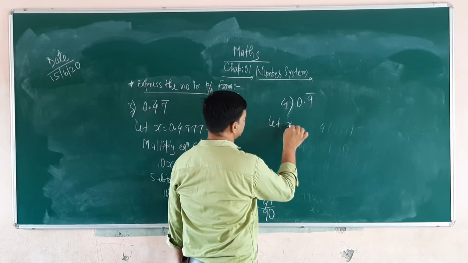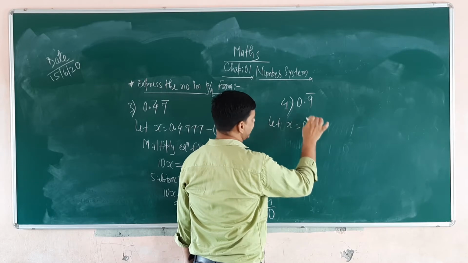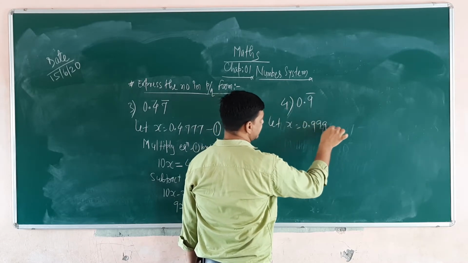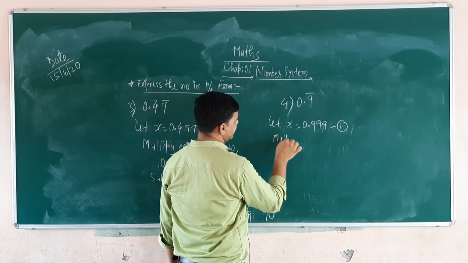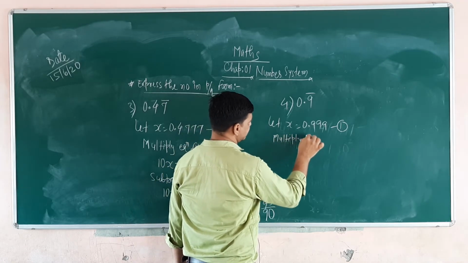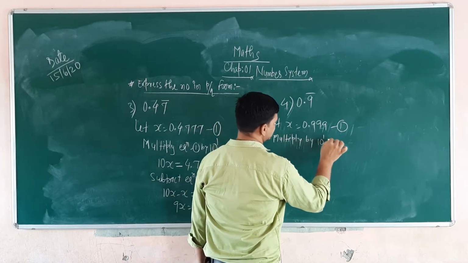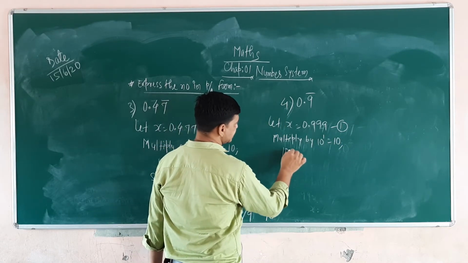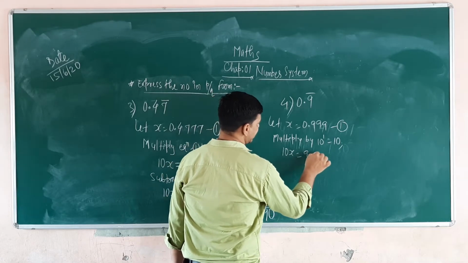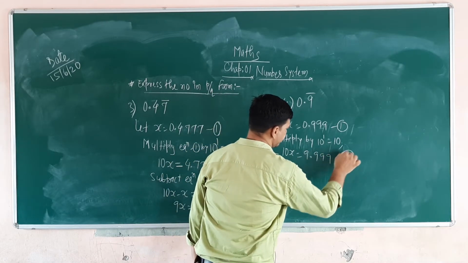Let x equal to 0.9, but the bar is on 9, so it repeats. So only one digit of bar, so multiply with 10 raised to 1, which is 10. So 10x is equal to 9.999, equation number 2.